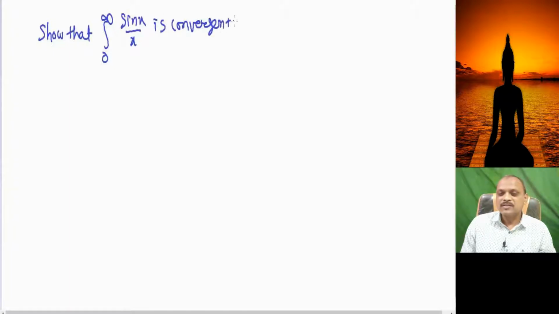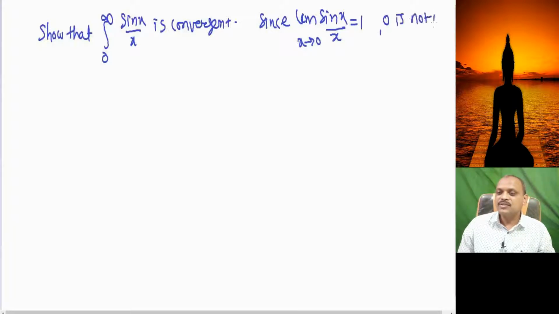We know that since the limit of sin x divided by x as x tends to 0 is equal to 1, 0 is not a point of infinite discontinuity.